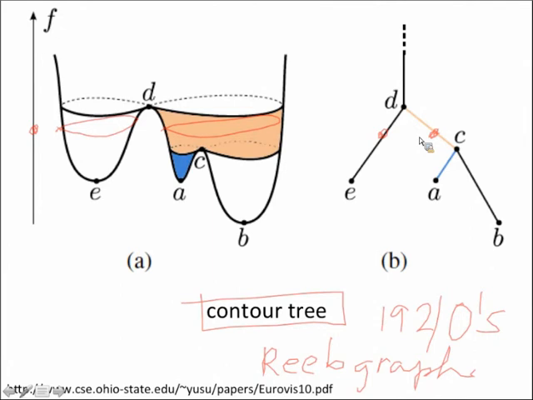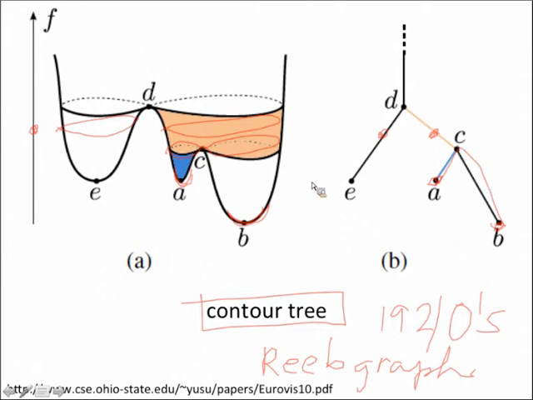And so we can think about what persists as well. Here we've got our component containing B, our component containing A, and eventually they merge into one component. So very similar to what we've done before with respect to persistent homology.